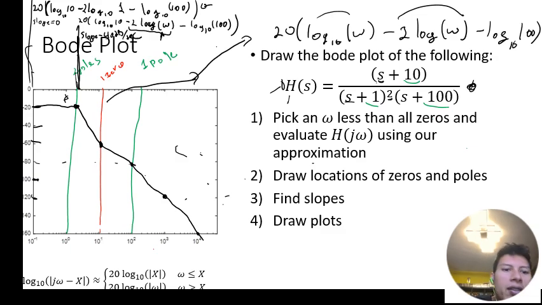Here the slope is 0, here the slope is negative 40, here the slope is negative 20 per decade, and here the slope is negative 40 per decade. And that's it. That's how we plot our magnitude plot. Now, there's one case that we haven't considered, which is what if you have a zero at 0, which is what we're going to plot next.